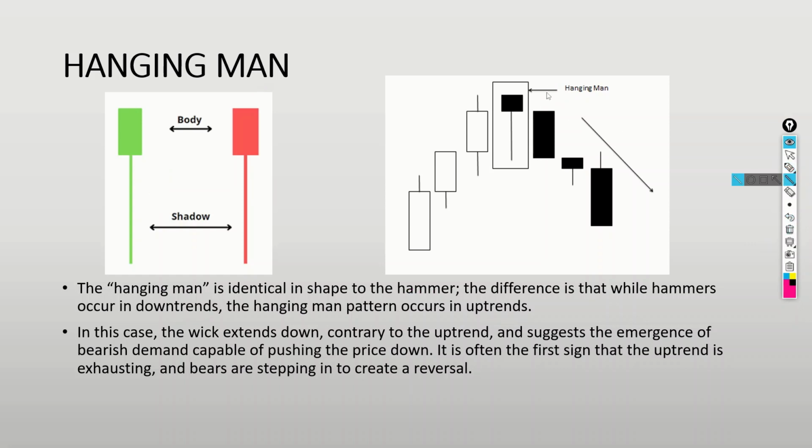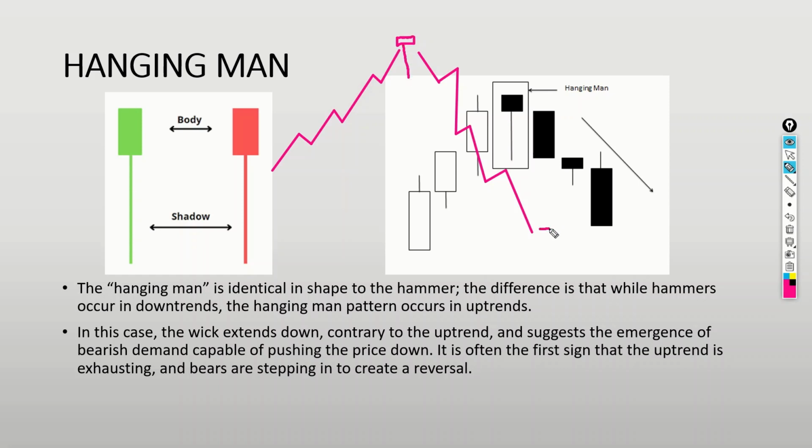For example, you have a clear trend up, and then you have another clear trend down. So we are saying that hanging man always occurs in the uptrend, okay?